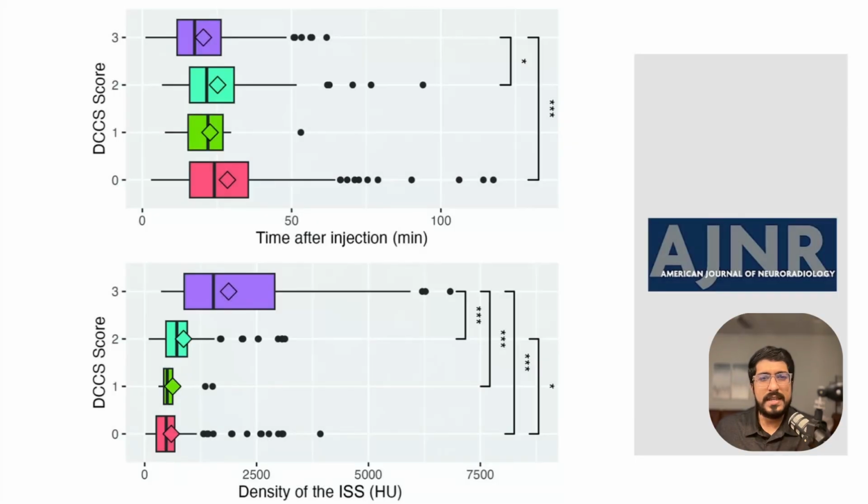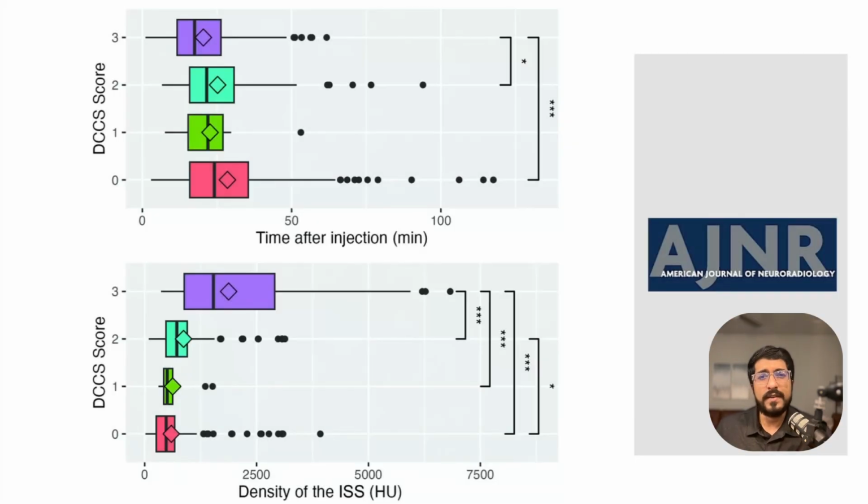The optimal target contrast density described in the paper was approximately 836 Hounsfield units, very close to the 850 Hounsfield unit threshold suggested by other prior preliminary studies. So, to understand the mechanism, here we see Figure 3.